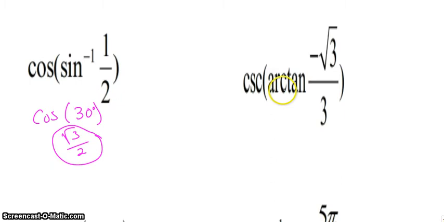Let's look at another one like that. So if I'm taking the arctangent of negative root 3 over 3, so I'm thinking, okay, well, I had definitely rationalized, so I had to have 1 over the square root of 3. That was, if I flip my hand back over, 30 degrees. And I'm negative, so we're looking at like a negative 30 degrees, or just the 30 degrees in the fourth quadrant.